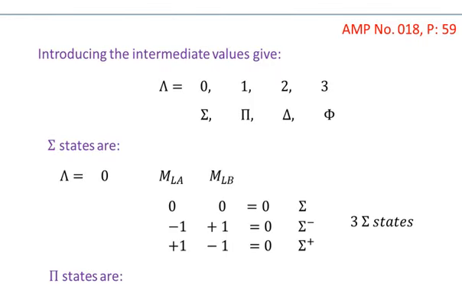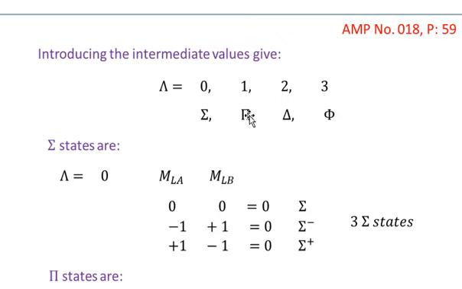And plus 1 and minus 1 will again give you 0. This sigma state will be referred to as sigma plus. So there will be 3 sigma states according to lambda equal to 0.